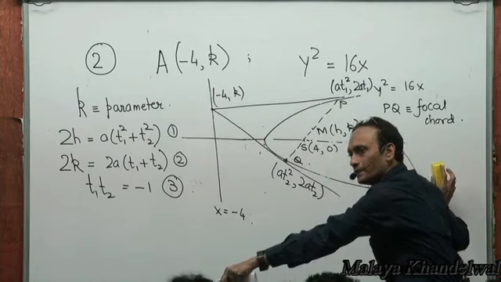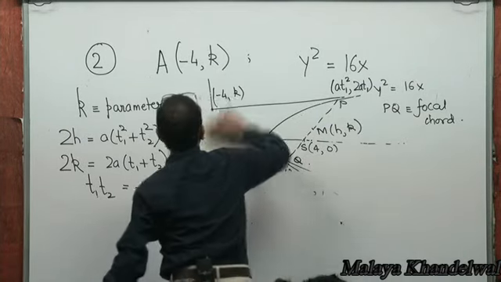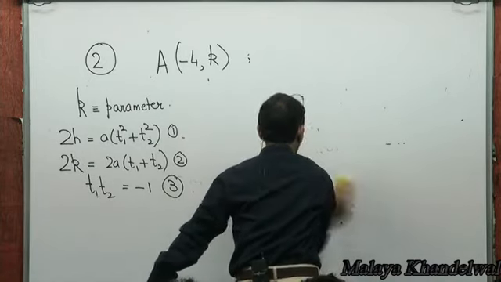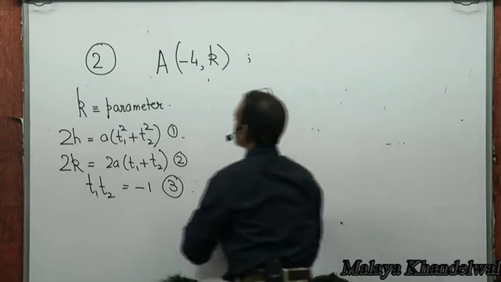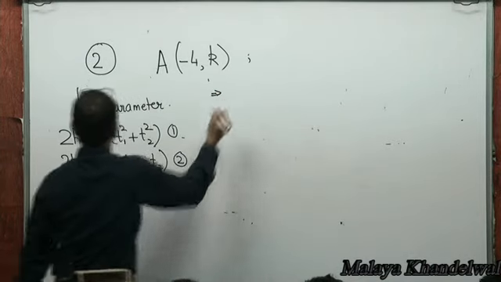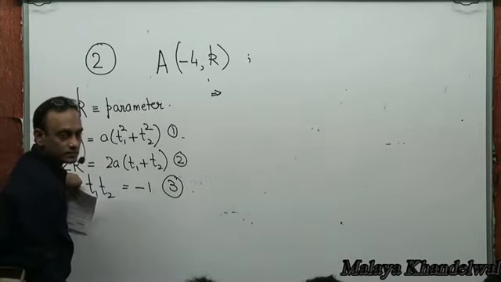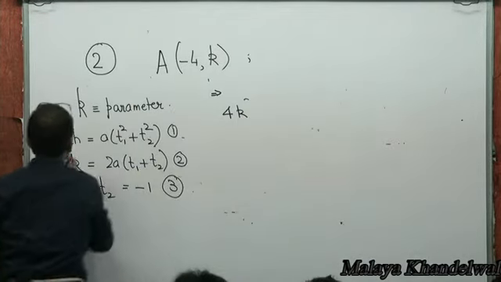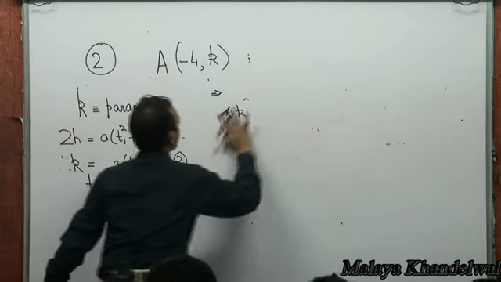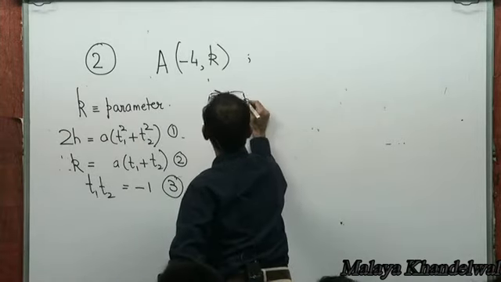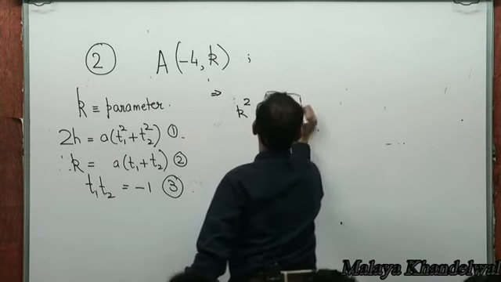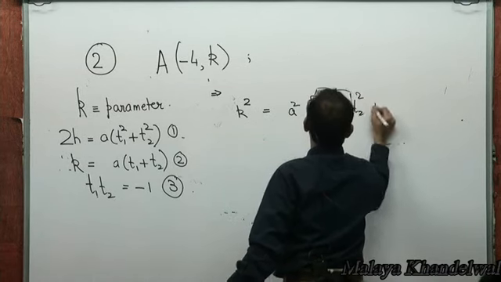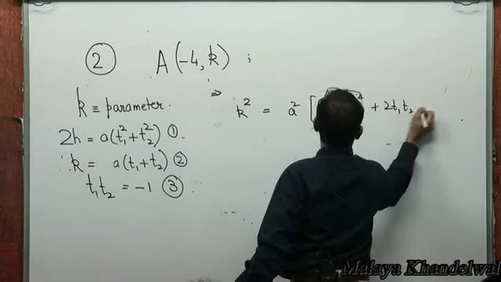Can I remove the clutter from here? See, if I square this, I get k squared equal to a squared into (t1 squared plus t2 squared plus twice t1 t2), right?